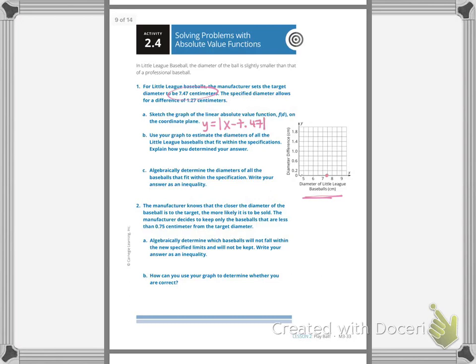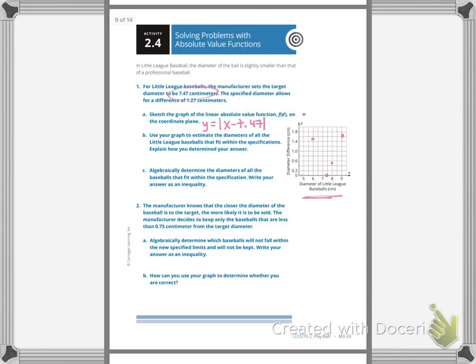Okay, let's see. I want to start at kind of the 7 area. Got a lot of decimals. Okay, it looks like 9 is 1.53, so 9, 1.5 is kind of here. 8 is 0.53, so kind of here. Okay, 6 is 1.47. 5 is 2.47, which is going to be way up there.